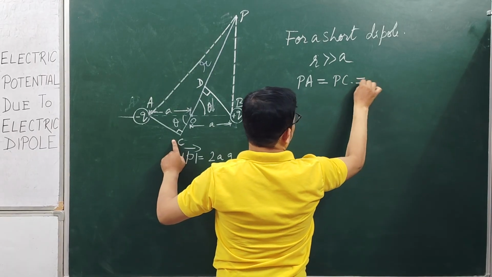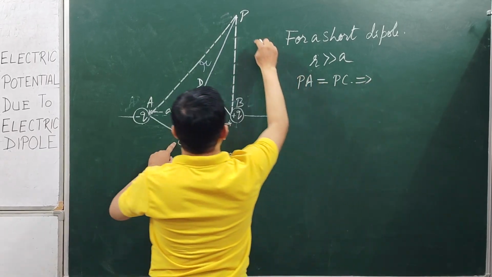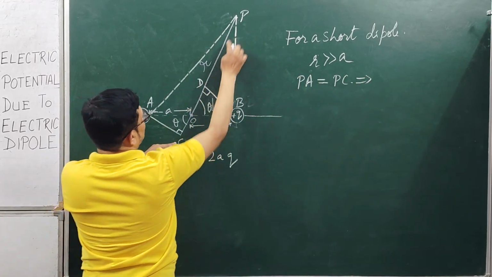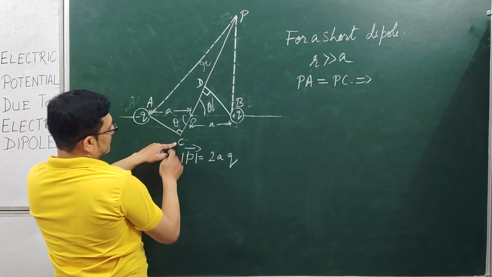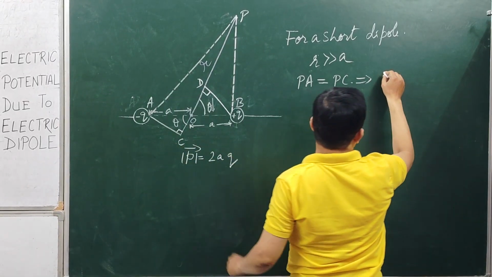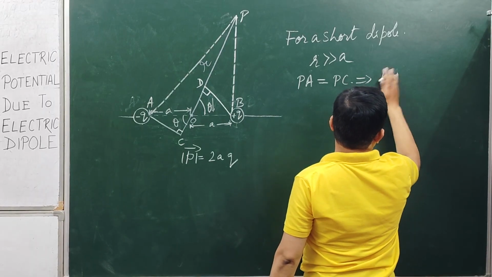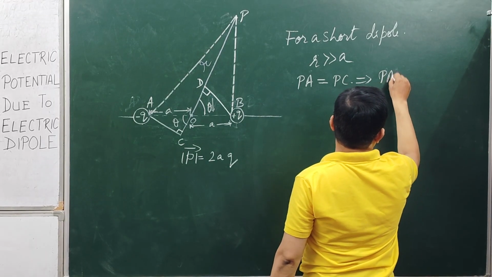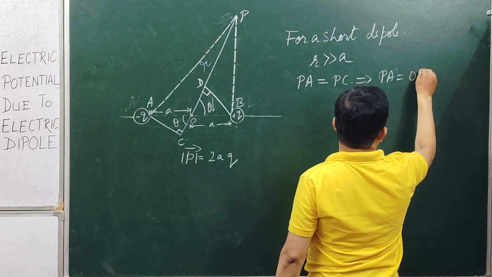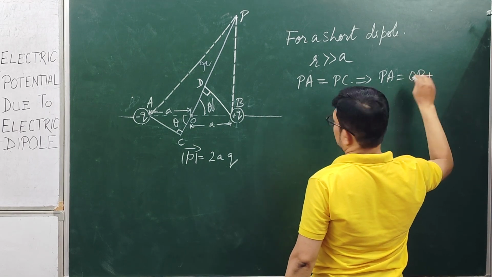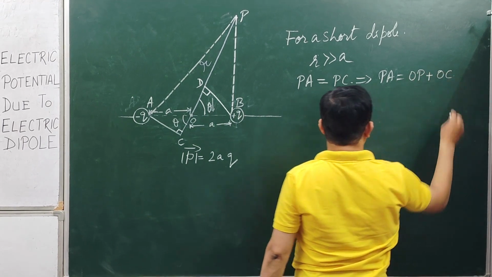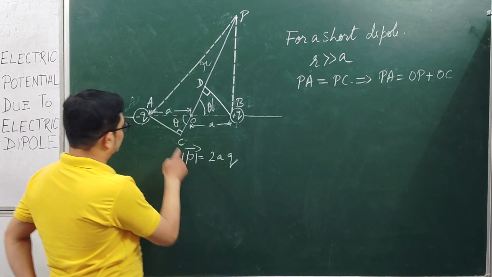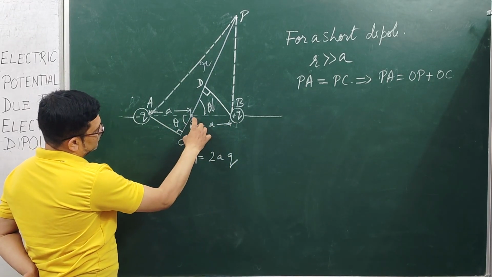And what is PC? This PC is OP plus OC, which implies that PA is equal to OP plus OC. Now look carefully in this small triangle. If this is theta, what is this OC?